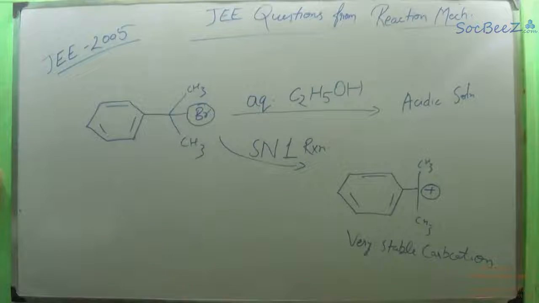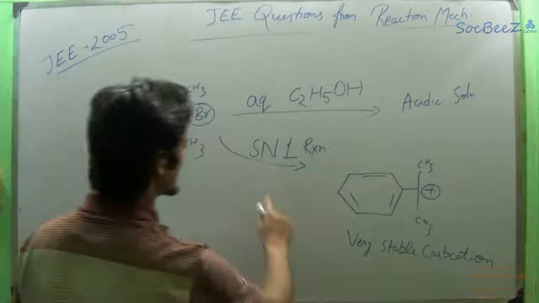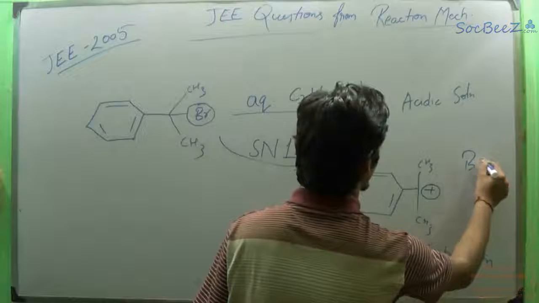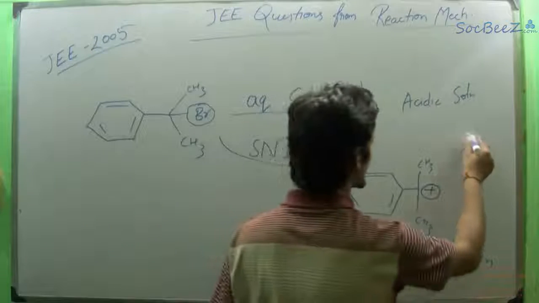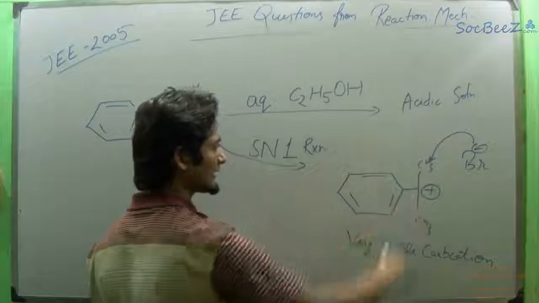After this, we have two possibilities. The first one is Br minus, which is in the mixture, can snatch this hydrogen, thus forming an alkene group.